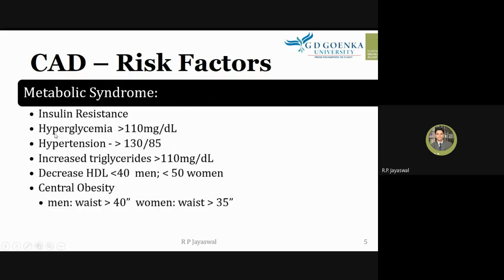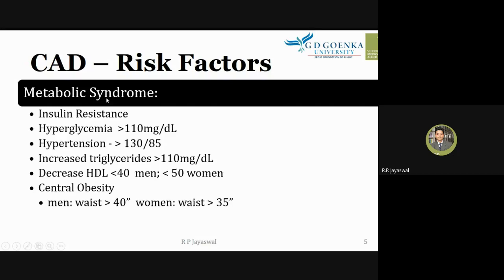If a person has insulin resistance, if a person has hyperglycemia, that is the blood glucose level is more than 110 mg per dl, or if there is hypertension, that is the blood pressure is more than 130 by 85, and if there are increased triglycerides, above 110 mg per dl, or if there is a decreased level of HDL, approximately less than 40 in men and less than 50 in women, and if there is central obesity, that is the waist is more than 40 inches in men, and in women the waist is more than 35 inches.